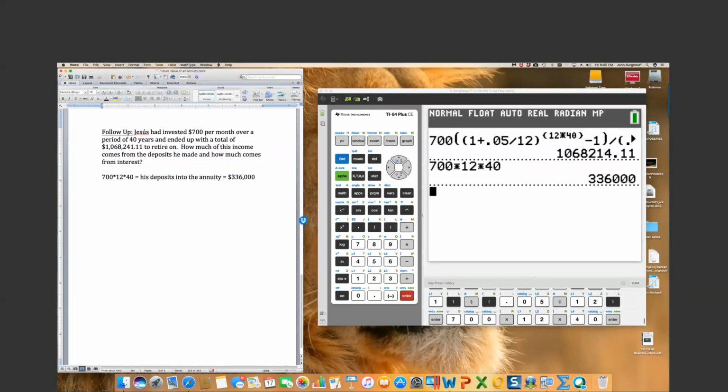That's quite a bit less than the 1 million plus that he actually ended up earning. All the rest of that is interest. His interest that he has earned, in other words, would be whatever the difference is between the $1,068,241.11, the difference between that and the amount of money that he himself contributed.